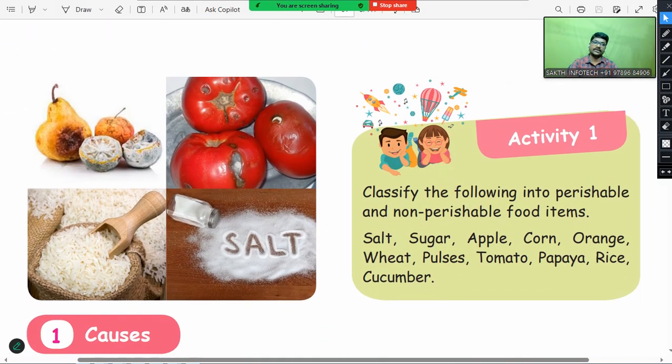Okay, activity 1. Classify the following into perishable and non-perishable food items. Read two times.